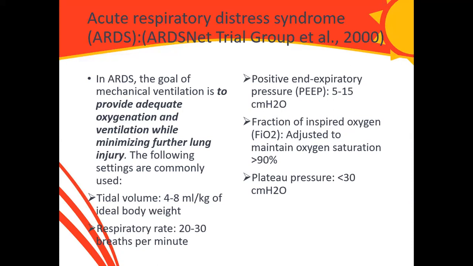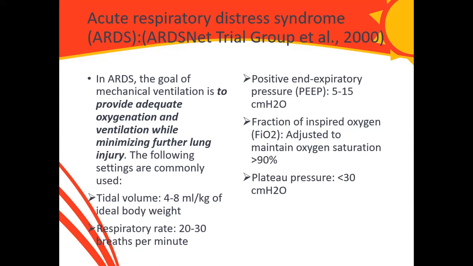So the goal of ventilation here is to provide adequate oxygenation and ventilation while minimizing further lung injury. Let me repeat that again. The goal of mechanical ventilation in ARDS is to provide adequate oxygenation and ventilation while minimizing the risk of lung injury.